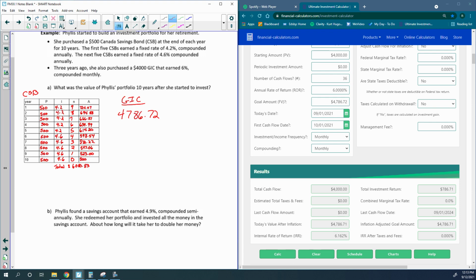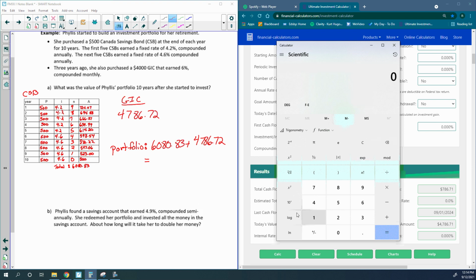So to finish this off for the total for the portfolio, you take the two parts that Phyllis has. So the Canadian savings bonds, which were worth $680.83, plus the GIC that she had, the $4,786.72. And you add those together, so I need to get my calculator.